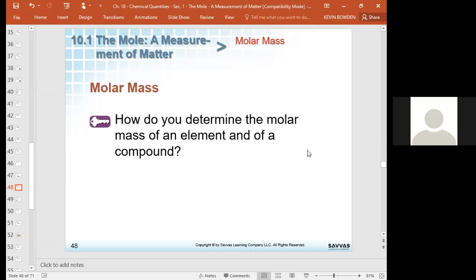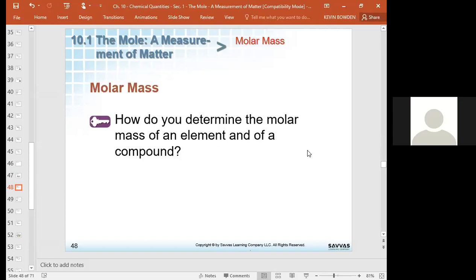So those are atomic mass units. But now we're getting into molecules, and so we're going to want a molar mass. The beautiful thing is that it's the same number. You just change the unit. So instead of it being 12.011 atomic mass units for 1 atom of carbon, it's going to be 12.011 grams for every mole.